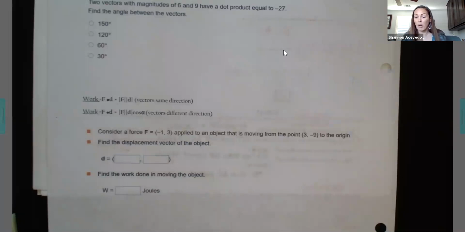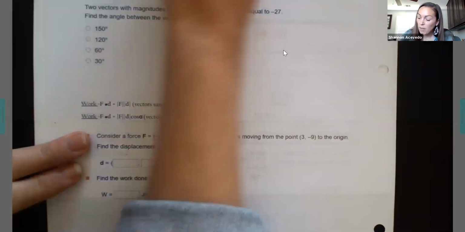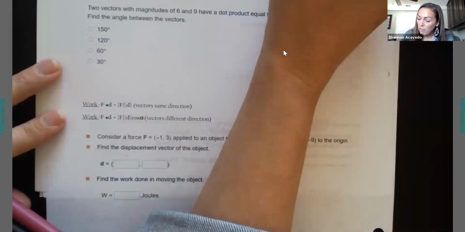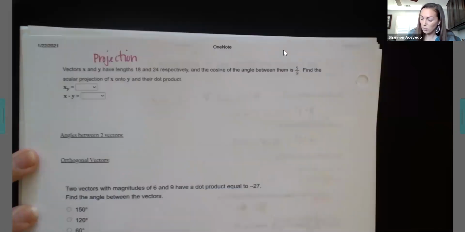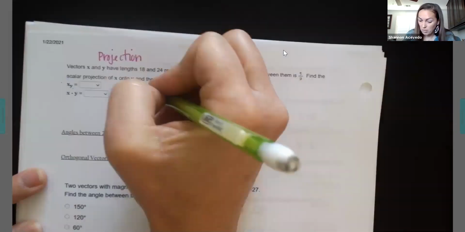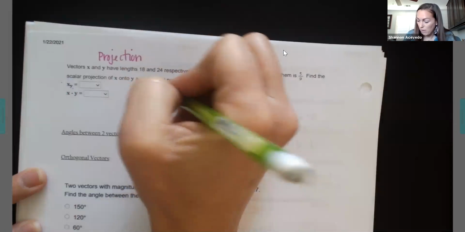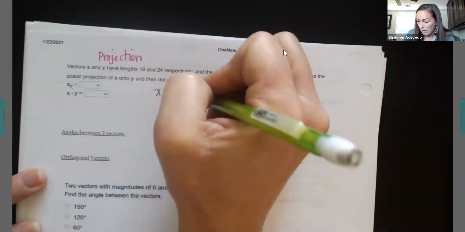And I'm going to do our last type of problem for these dot product examples, and then I'm going to add a little bit more info to it. All right, so here's what I know. If I'm looking for my projection of x onto y, the projection of x onto y is equal to the magnitude of x cosine of theta.